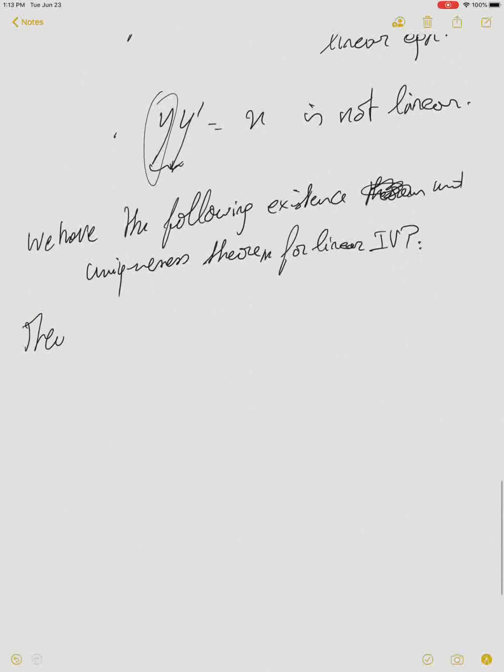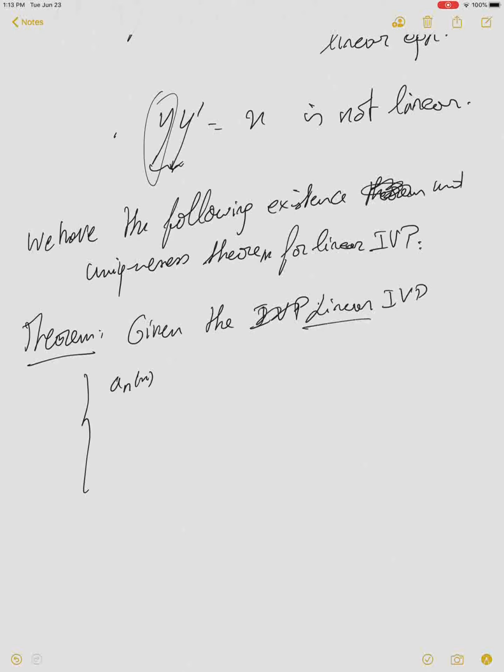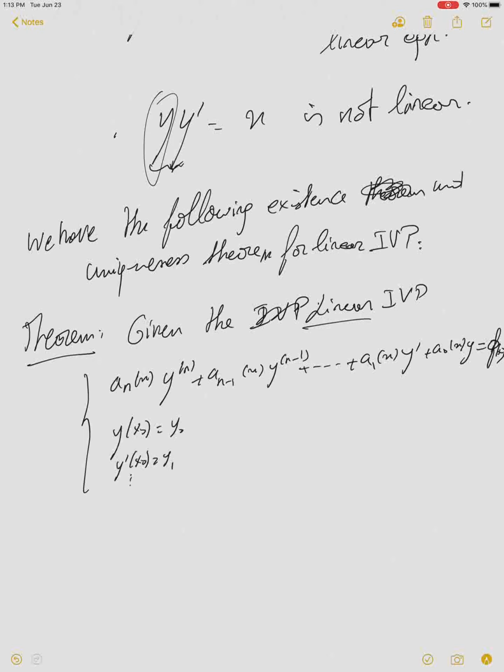Theorem: given the linear IVP, I have a_n of x times the nth derivative plus a_{n-1} of x y^(n-1) plus ... plus a_1 of x y prime plus a_0 of x y equal to f of x, and I have y at x0 equal y0, y prime at x0 equal y1, up to y^(n-1) at x0 equal y_{n-1}.